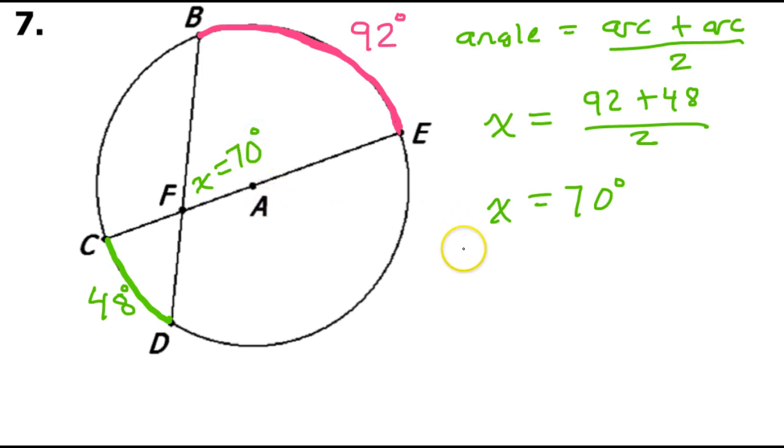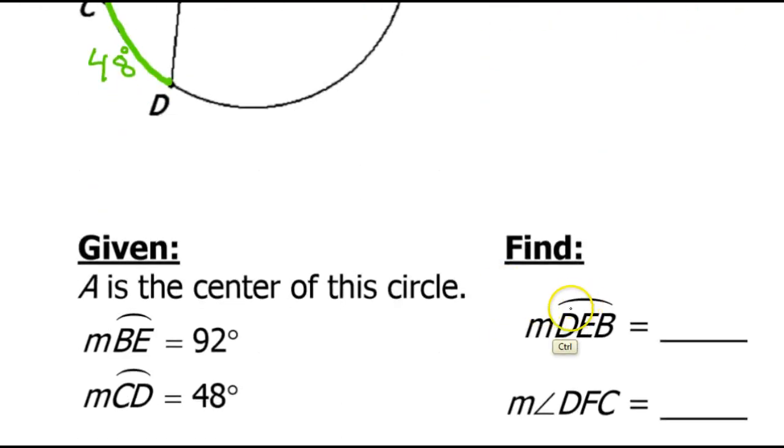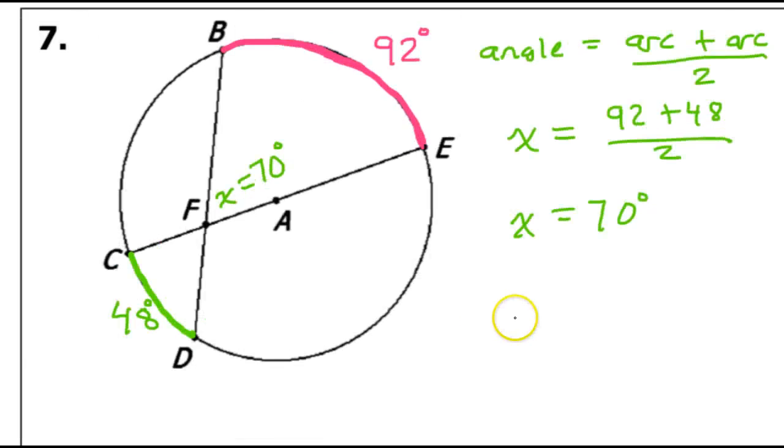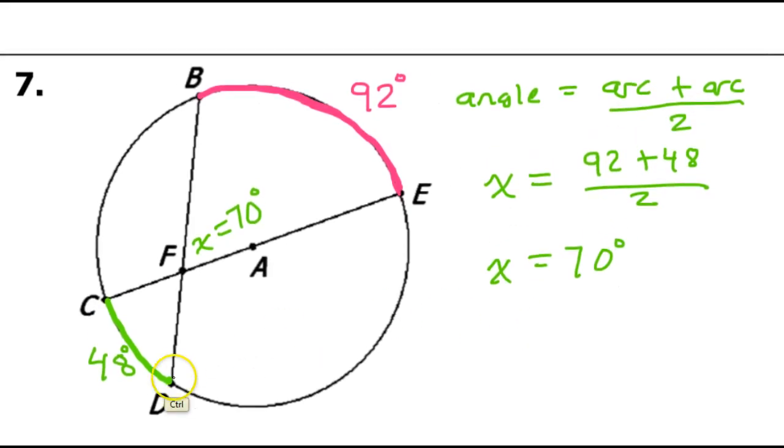So now I will look down and see what they actually are asking me to find. So they want angle DFC. Okay, DFC. All right, technically that's this angle down here. But of course, these are vertical angles, so they are equal. So these are both going to be 70 degrees.